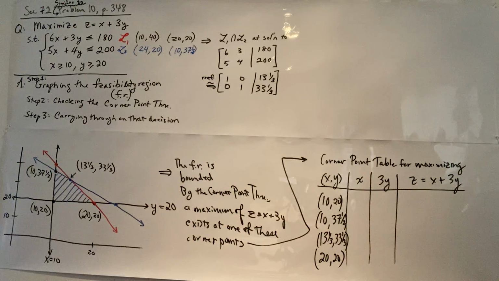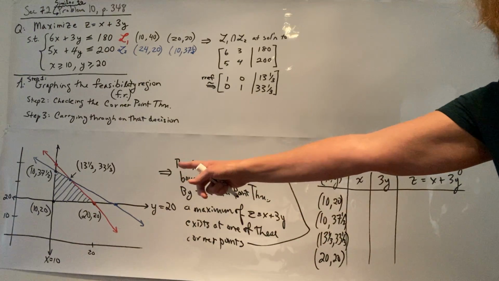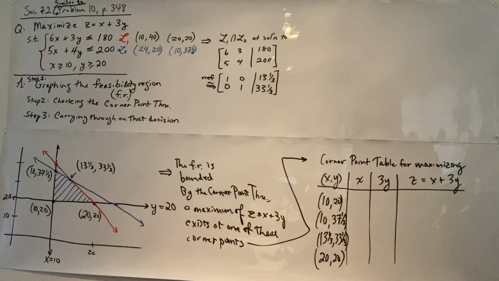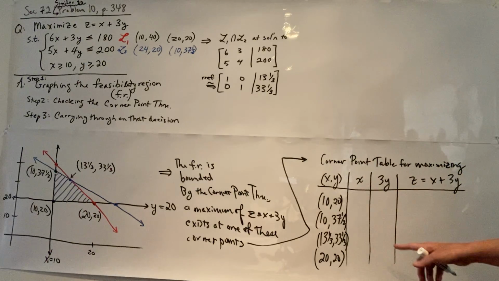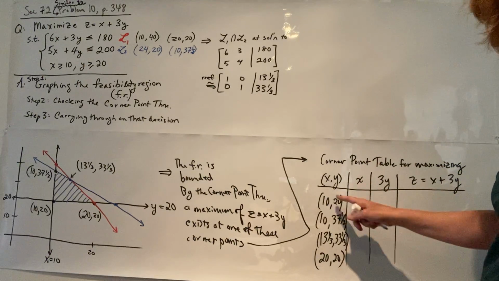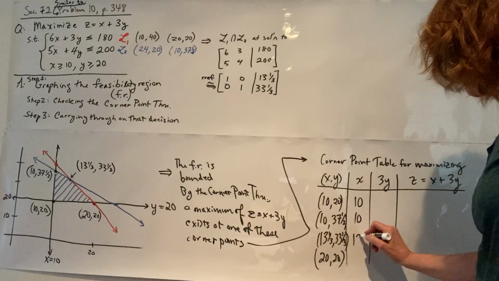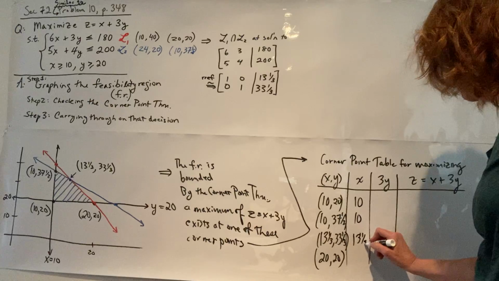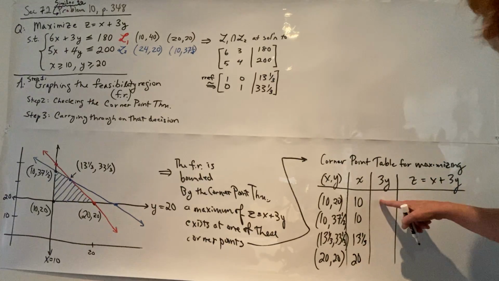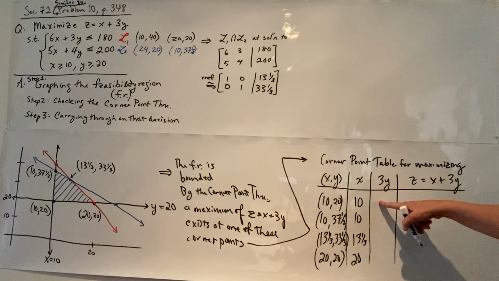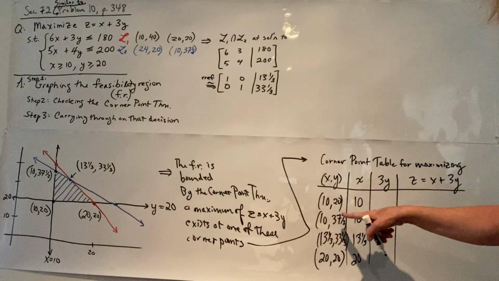Okay, so you list all the corner points next to your diagram showing them, and then you start filling out the table. So what are the x values at these points? Well, they're the first coordinate, 10, 10, 13 1/3, and 20. What are the y coordinates? Sorry, not the y coordinates, but 3 times the y coordinates.